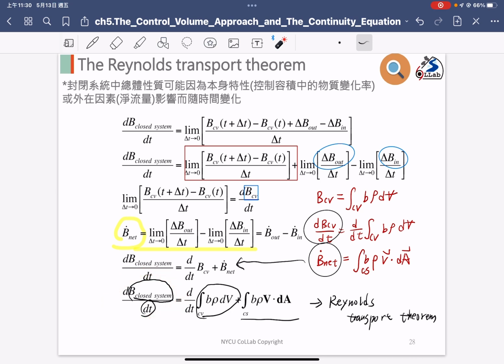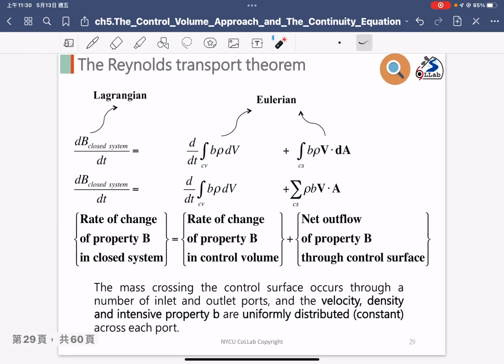The extensive property change in the closed system will equal the property change in the control volume with time and the property exchange along the control surface.